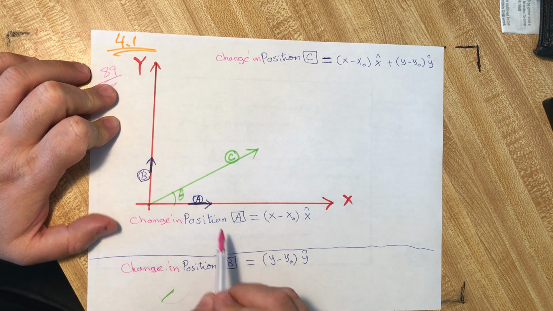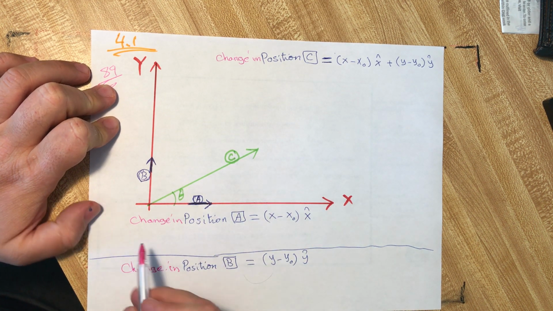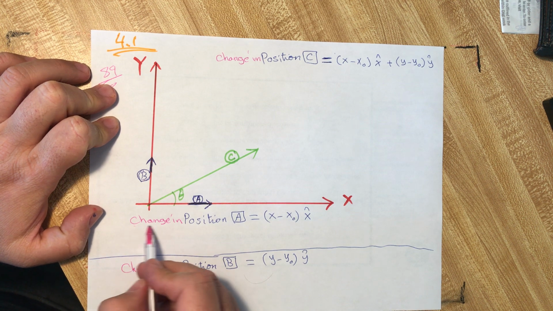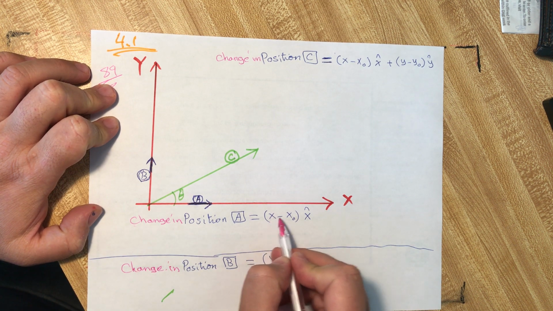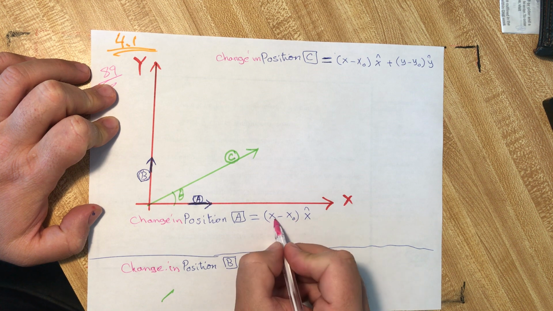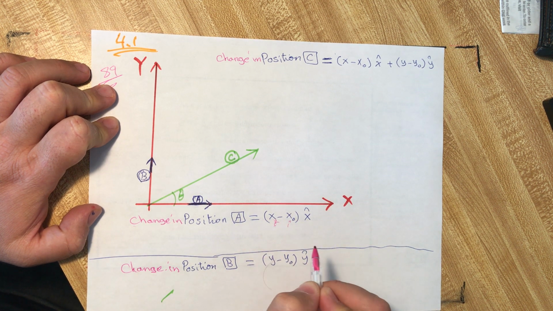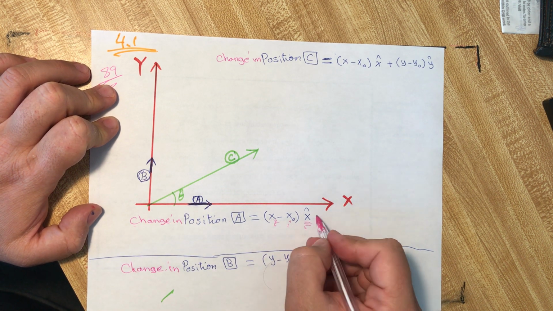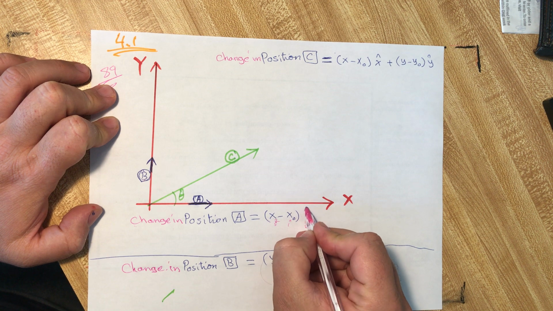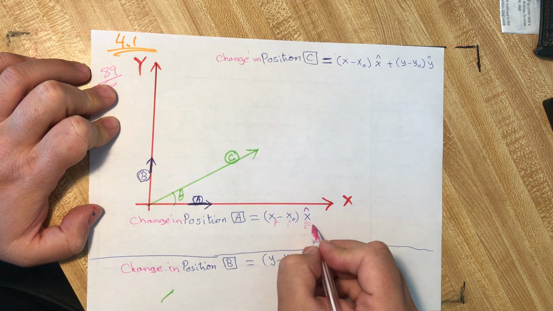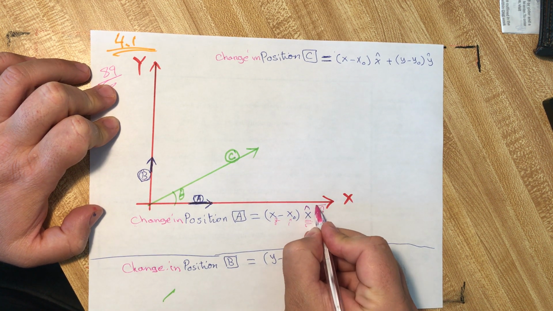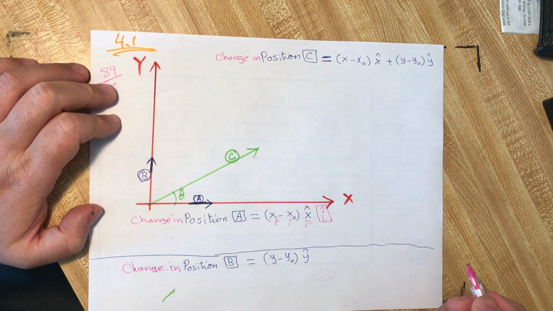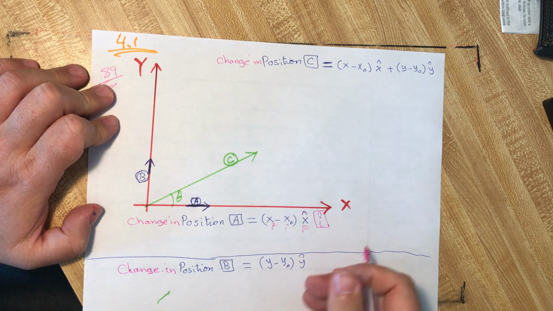The object A is moving along the x-axis, and the change in its position is x minus x naught, or x2 minus x1, or x final minus x initial, in x direction. X direction is x hat, or I can use i hat, which denotes the x direction.